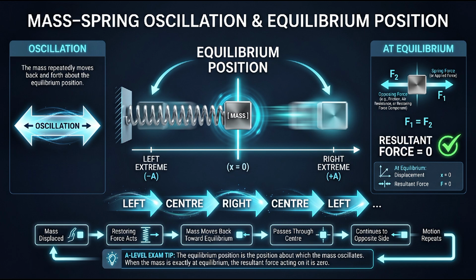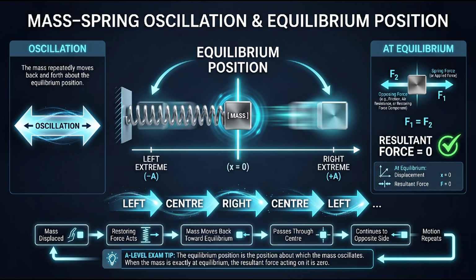A larger amplitude does, however, mean that the mass reaches a greater maximum displacement, greater maximum speed, and greater maximum acceleration. The equilibrium position can also be understood as a balance point. Imagine pushing the mass slightly to one side. Once the external displacement is created, the spring force no longer balances in the same way, so a resultant restoring force appears.